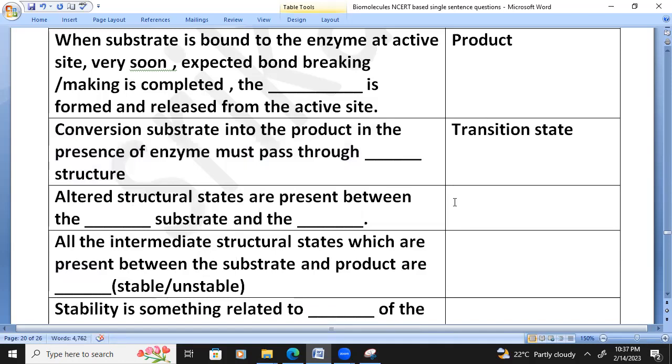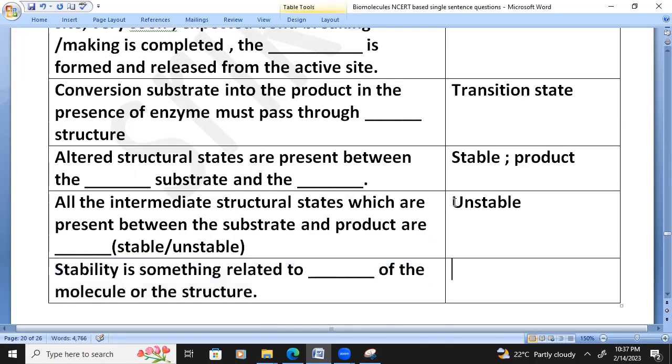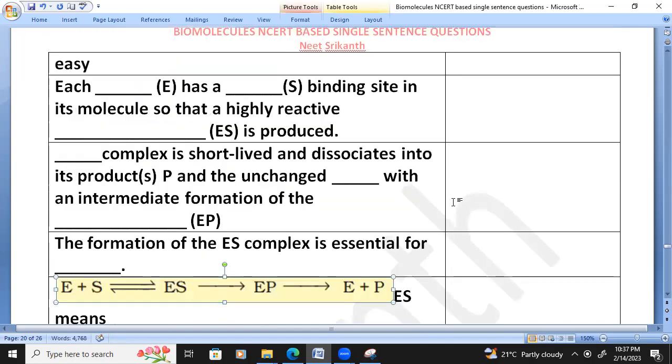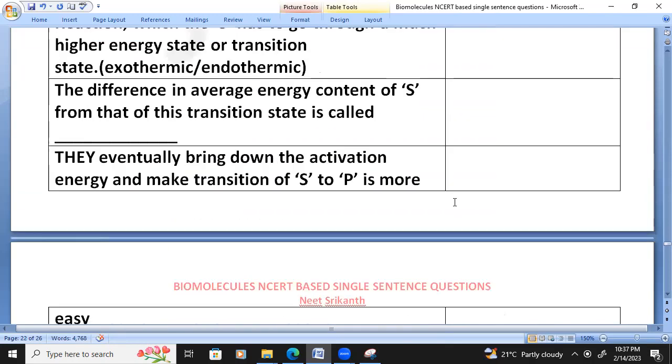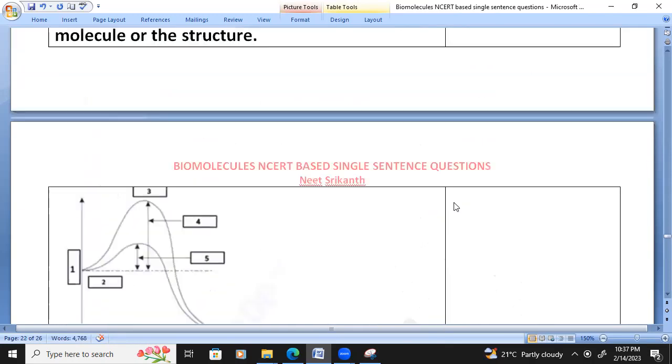Altered structural states are present between the substrate and product. All the intermediate structural states present between substrate and product are unstable. Stability is related to the energy status of the molecule.